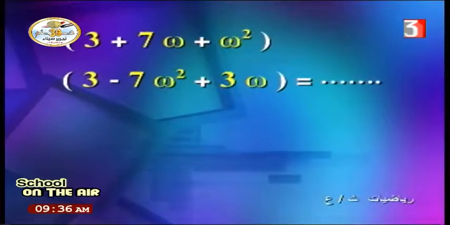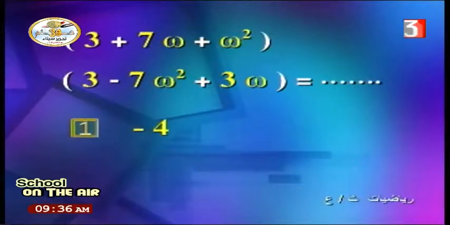Look at what is the product when we multiply the bracket 3 plus 7 omega plus omega square, multiply by 3 minus 7 omega square plus 3 omega, equals what?